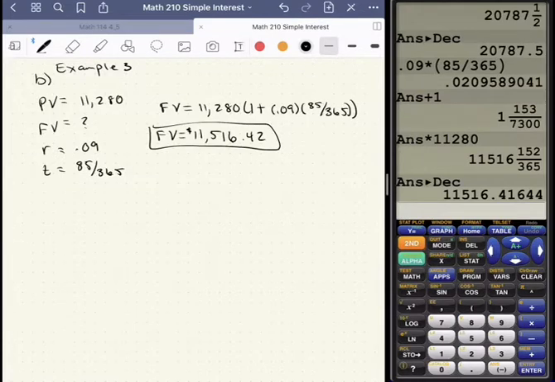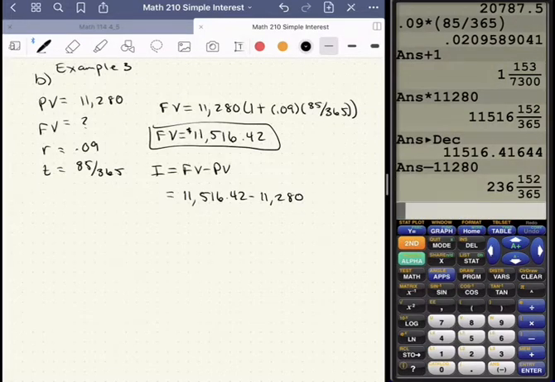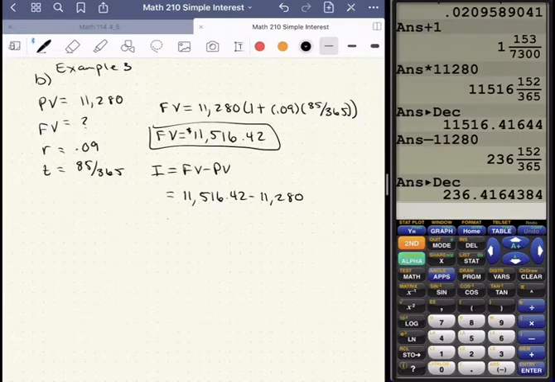Now we need to find the interest, and we know that interest is future value minus present value. So I have 11,516 with 42 cents minus 11,280. Math, decimal. So we have that our interest is equal to 236 with 42 cents.